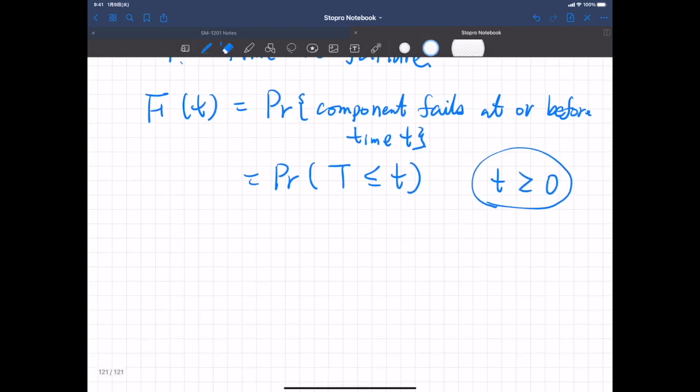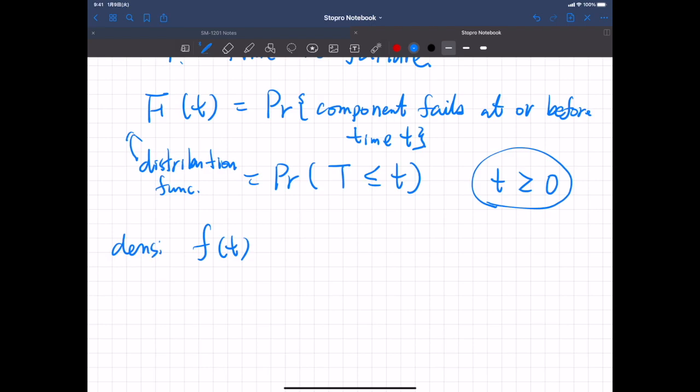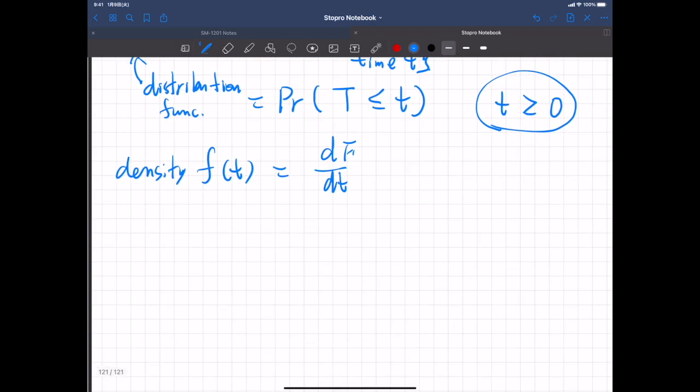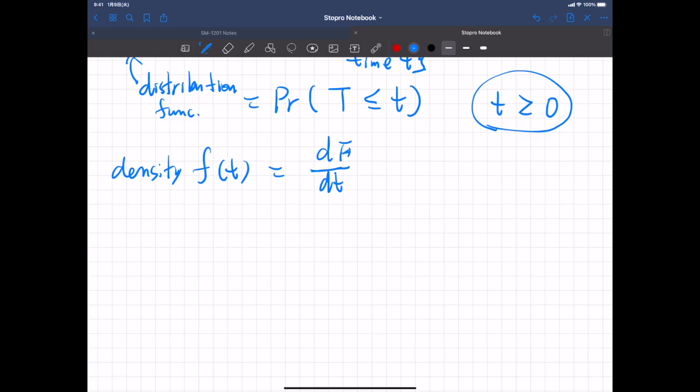And of course, the density function of this time T is given by, so this is the distribution function, and the density is the derivative. And we define some more terms.